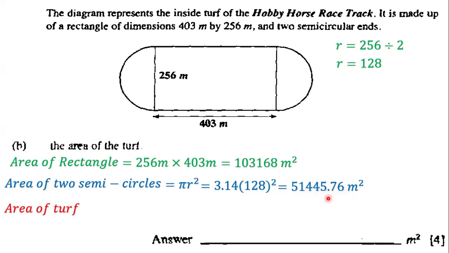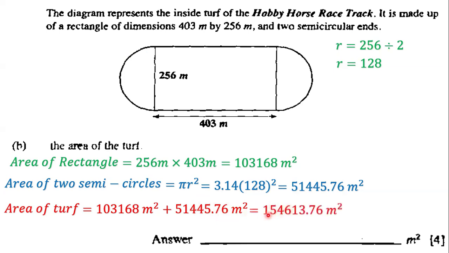To figure out the area of the turf, we have to add these two areas together: the area of the rectangle and the area of the two semicircles. So 103,168 plus 51,445.76 gives us 154,613.76 meters squared.